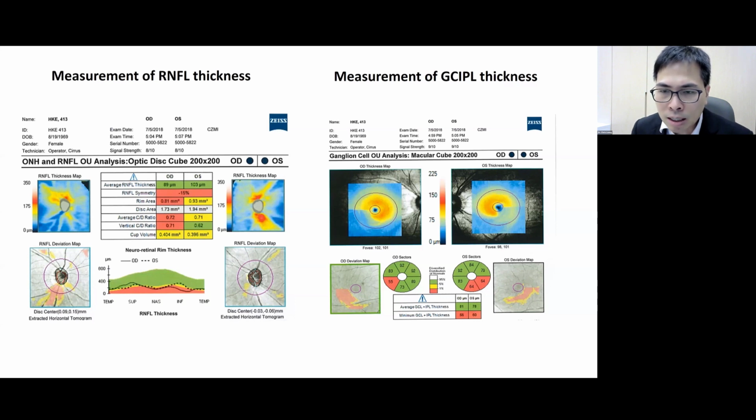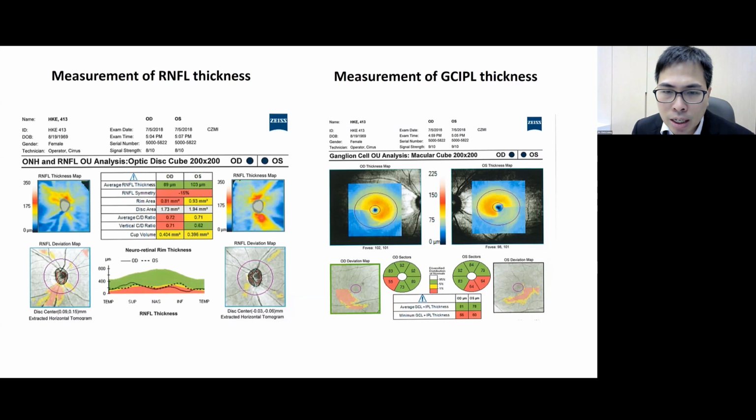Now, this is particularly important in early cases of glaucoma. The reason why we don't see any rim loss, and the reason why we don't see any retinal nerve fiber loss close to the optic disc, is because the damage is very focal. Now, remember, retinal nerve fiber defects, retinal nerve fiber abnormalities, are often wedge-shaped, meaning that the abnormality expands from the optic disc margin towards the macula.